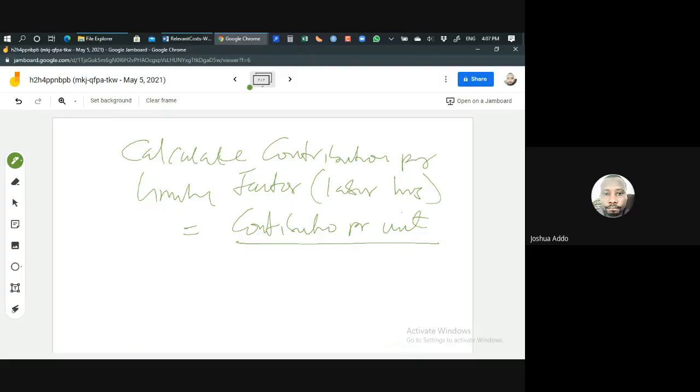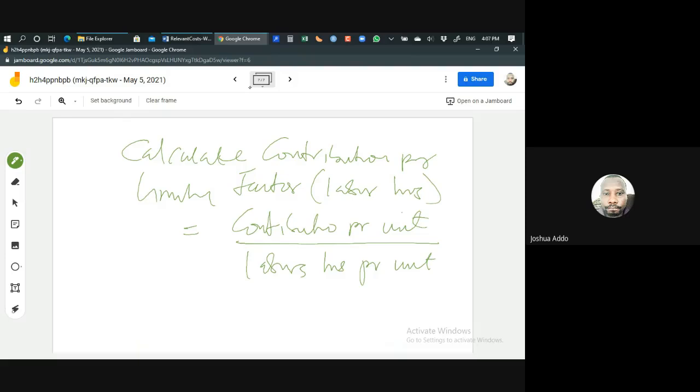In this case, it will be labor hours per unit of the product. So this is the formula for calculating contribution per limiting factor. In this case, contribution per labor hour. It is contribution per unit of the product itself divided by the labor hours per unit of that same product.